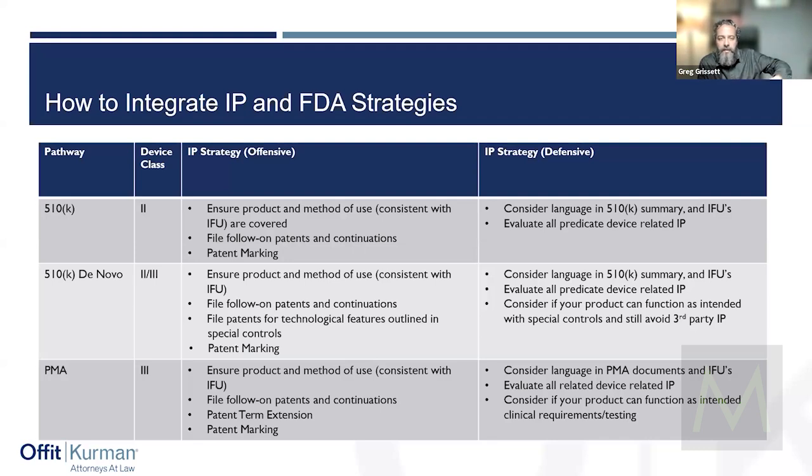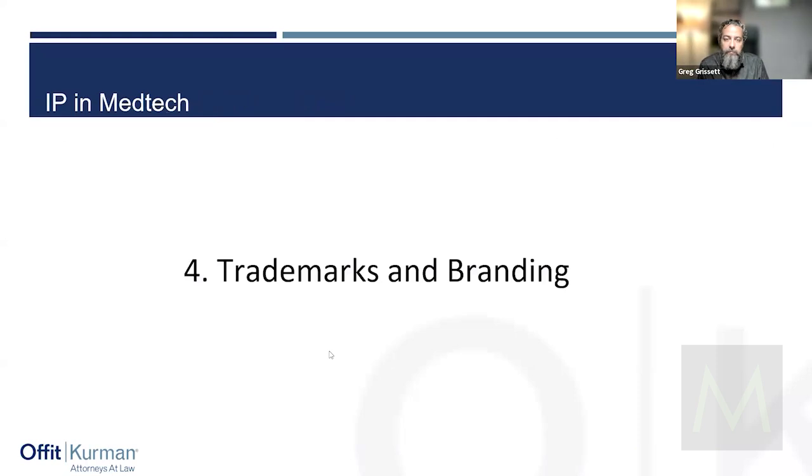It's sort of logical to assume that if you're using this product as a predicate device, you might be infringing that predicate device's IP. Might be, but it's part of the FTO analysis. Looking at the de novo, again, consider if your product can function as intended with special controls and still avoid third-party IP. So that's the FDA and the patents.